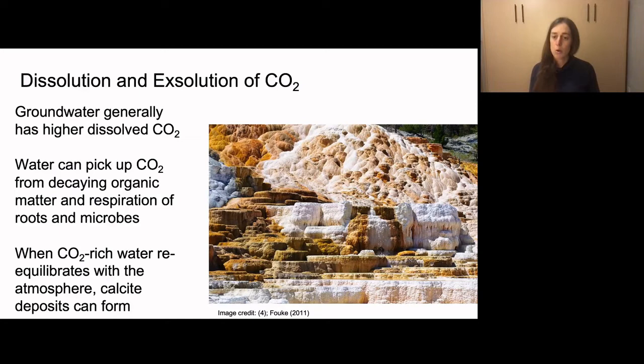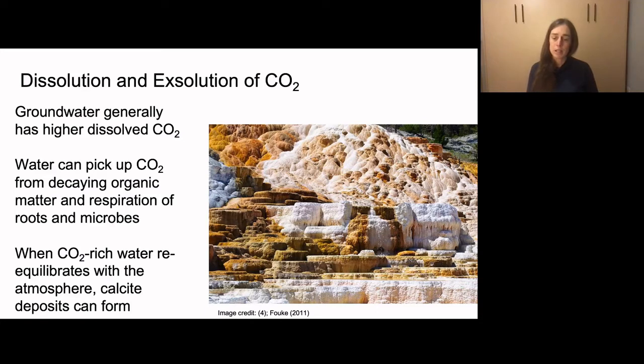So when that CO2-rich groundwater reaches the atmosphere, it's going to try and equilibrate with the atmosphere, which means that our CO2 in solution is going to decrease. And because we have that negative relationship with calcite, we're going to increase our calcium carbonate, which is causing that precipitation of calcite and making these calcite deposits.